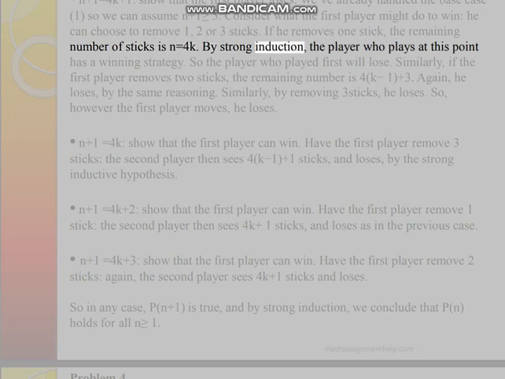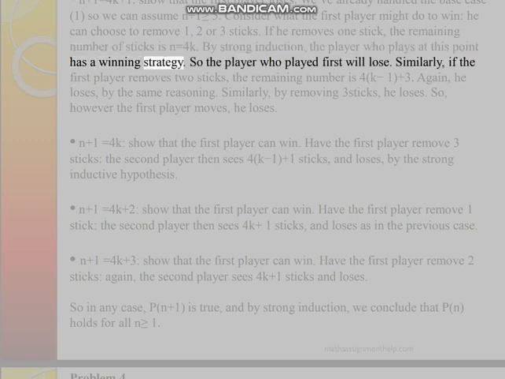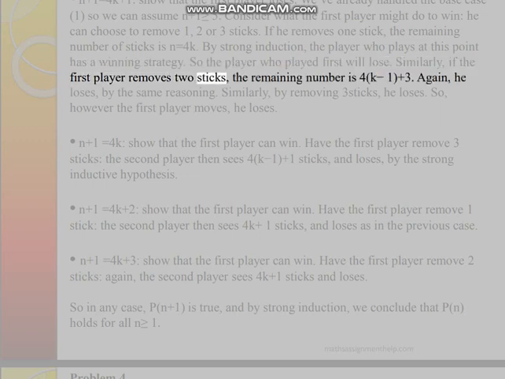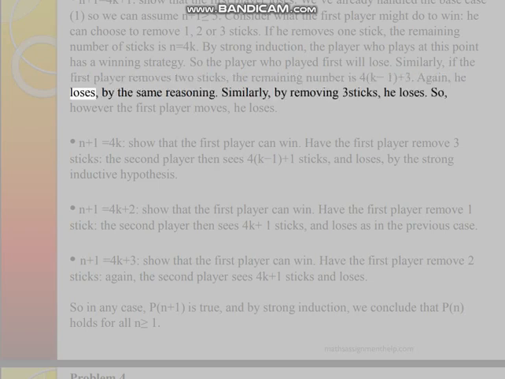By strong induction, the player who plays at this point has a winning strategy. So the player who played first will lose. Similarly, if the first player removes 2 sticks, the remaining number is 4(k-1)+3. Again, he loses, by the same reasoning. Similarly, by removing 3 sticks, he loses. So, however the first player moves, he loses.